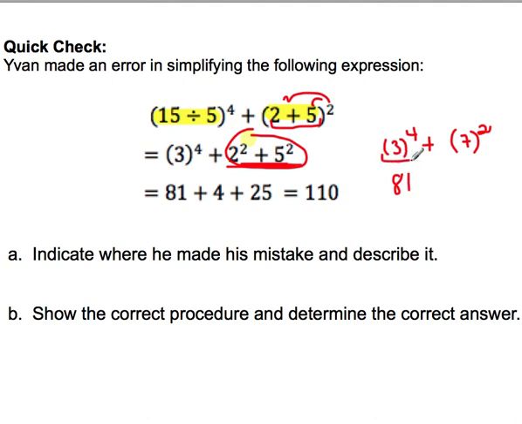I'm going to do that next. And I'm going to do my powers all in the same step because I can. So plus 49, 7 to the power of 2 is 49, and I am going to get 130 because now these two are added together. So notice the huge difference because they didn't follow the order of operations. So this 130 would be your correct answer.